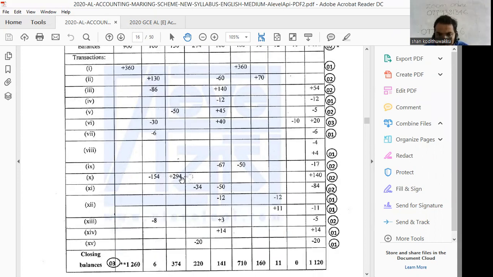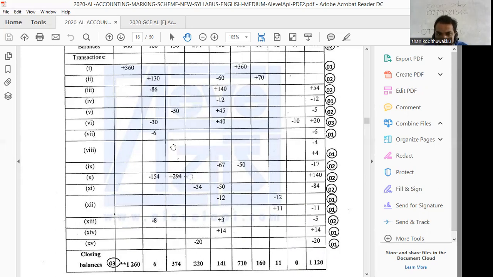We have been informed that they provided the service for 300,000 rupees, but additionally the business has given 2% trade discount on the 300,000 rupees. 2% of 300,000 rupees is equal to 6,000. When you deduct 6,000 from 300,000 rupees, the actual value provided is 294,000. This is the difference between 300,000 rupees and the 6,000 trade discount, because we don't record the discount in ledger accounts.